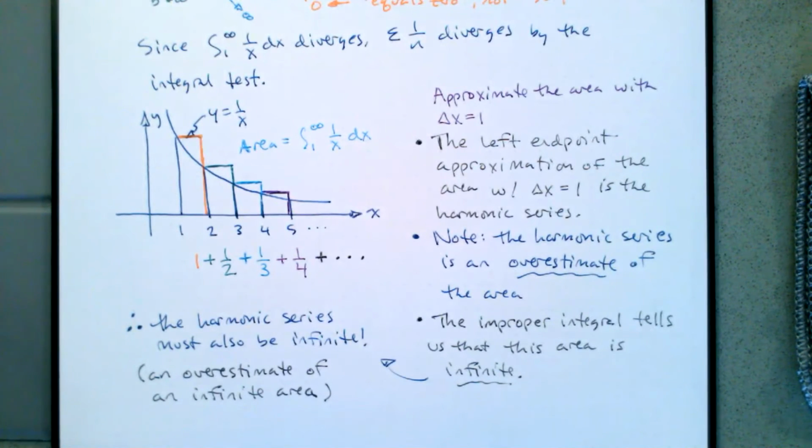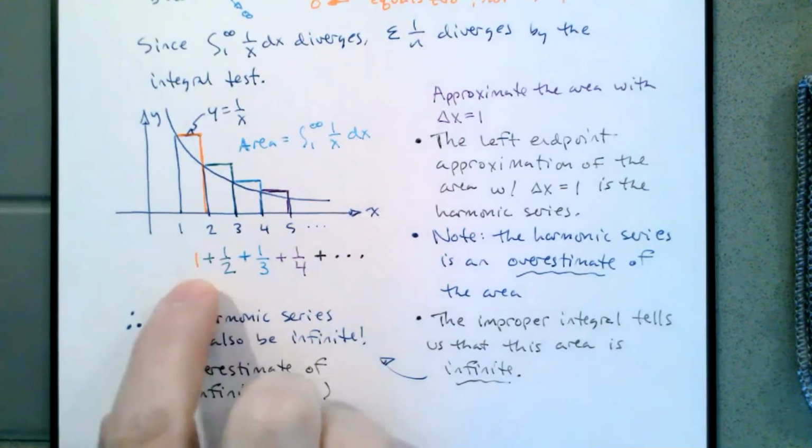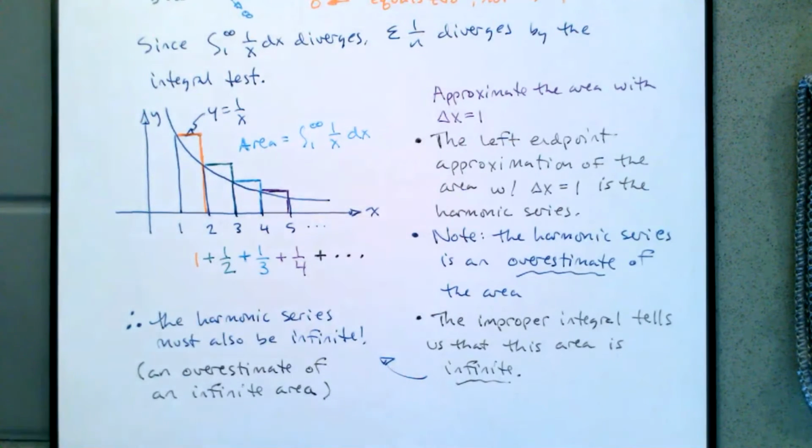Because less than infinity could be finite, or it could also just be infinite. In this case, because of the conclusion with the left endpoint, we can see it would just be infinity minus one, and infinity minus one is still just infinity.